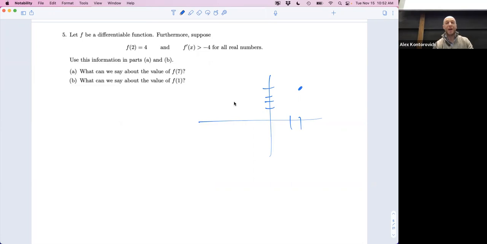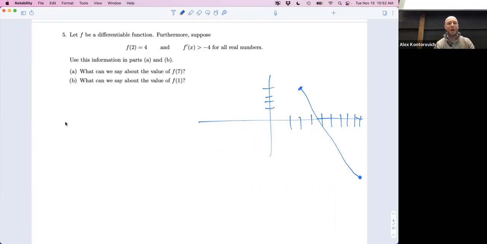What can we say about the value of f of 7? F of 7. 1, 2, 3, 4, 5, 6, 7. Well, if f of 7 is too low, then this average speed or average rate of change will be lower than -4. And that will make it so low that there will have to someplace be an instantaneous rate of change that is that same slope.